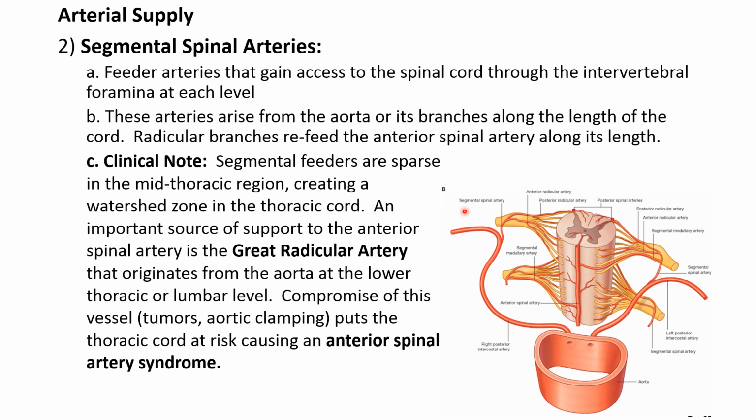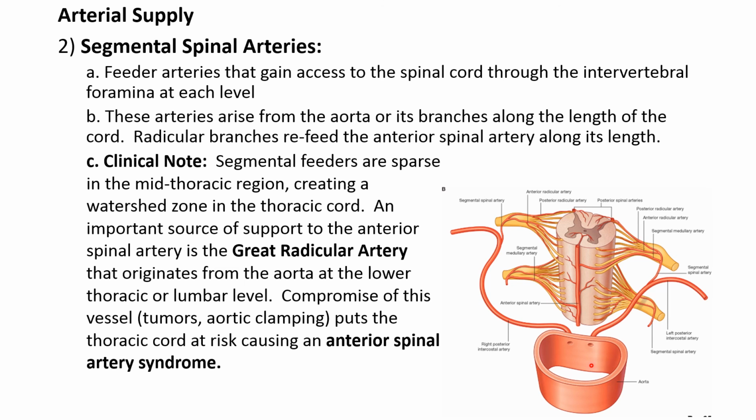There are segmental feeders coming in, called radicular arteries, that feed these arteries as we get down to the lower portions of the cord. They become increasingly important because below the thoracic cord, the anterior spinal artery gets inadequate supply from the cerebral vessels. And it's highly dependent on radicular arteries that come in off of the aorta.